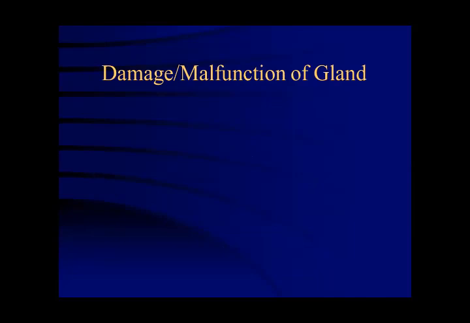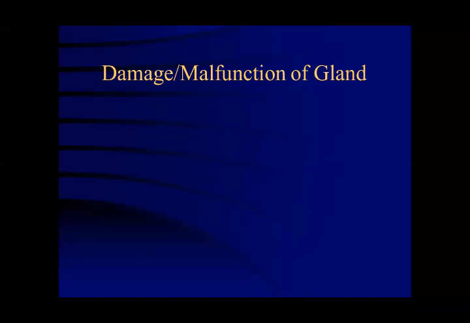So what are the malfunctions? As long as these glands produce an ample amount of the hormones required by the body, they are functioning well. But whenever there is hyperfunctioning or hypofunctioning of these hormones, certain abnormalities are produced in the body.